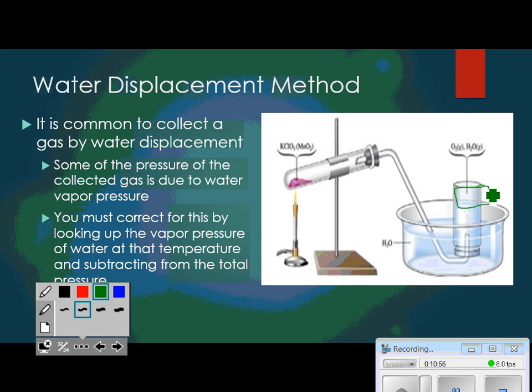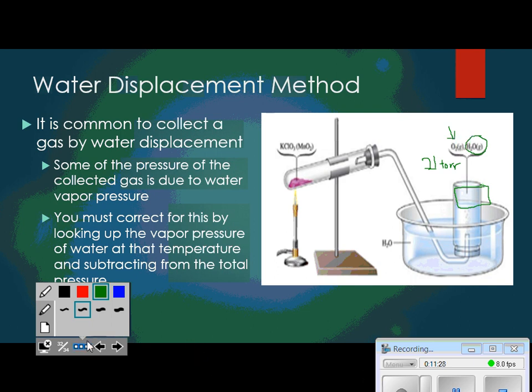But at 22 degrees Celsius, which is the temperature of this water bath, 21 torr of pressure is due to the pressure of the water vapor. Well, I don't care about the water vapor. I just want to know what's the partial pressure of the oxygen gas.